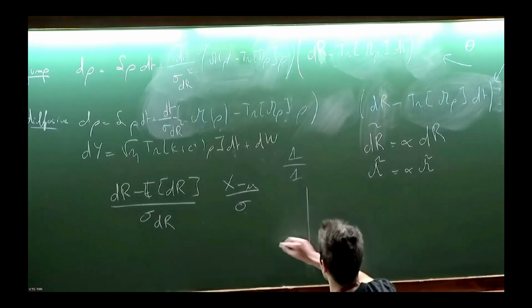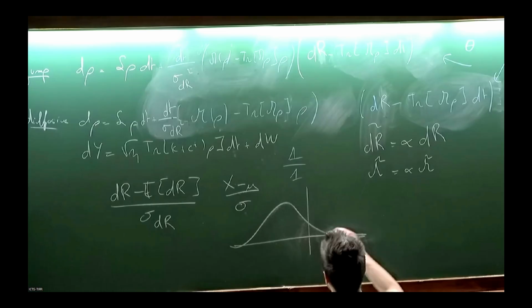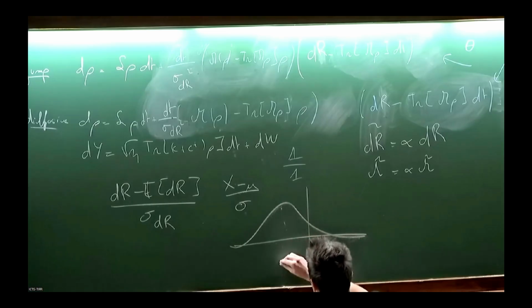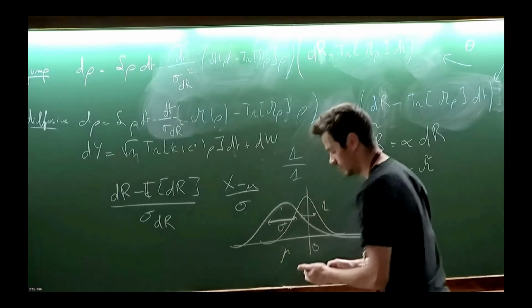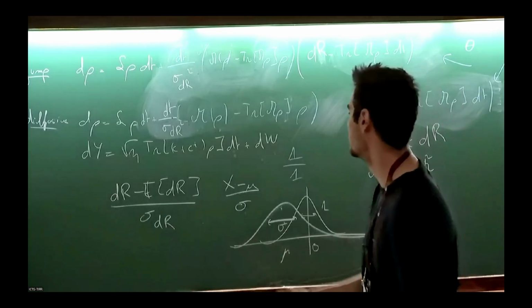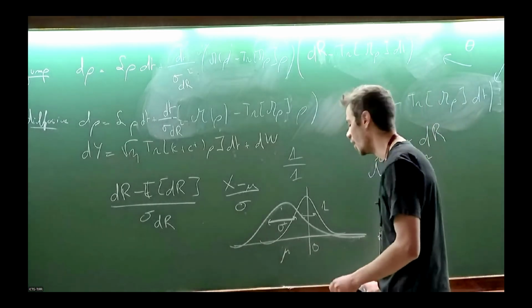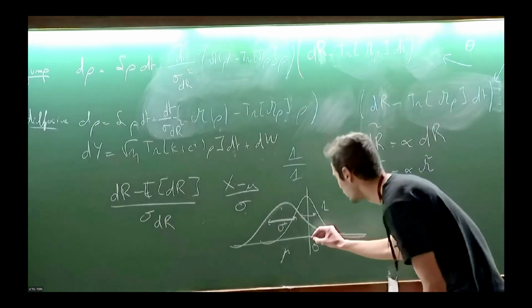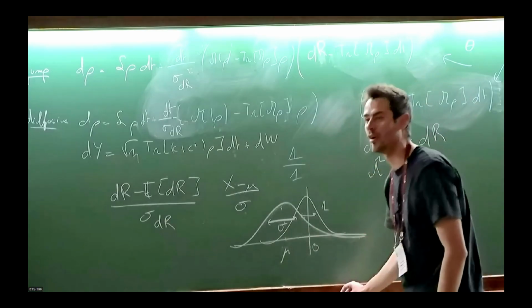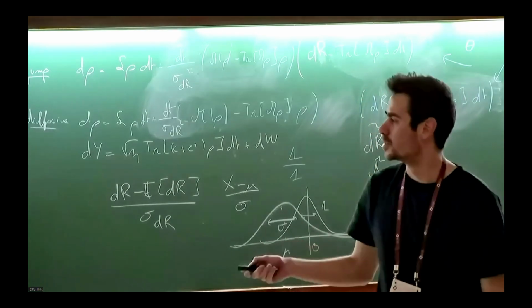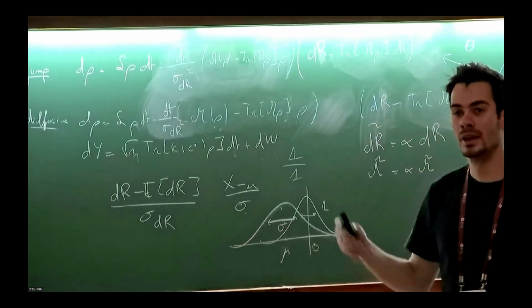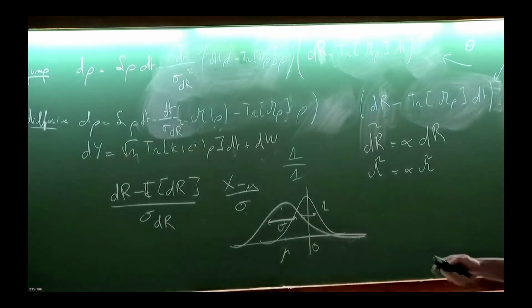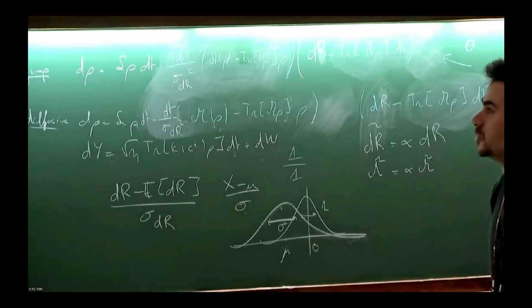If you had a wide Gaussian centered on mu with variance sigma, it's going to center it on 0 with variance 1. So this left part of the term is just saying, I don't care how spread my signal is. What I care about is whether I'm in the middle here or very far from what I was expecting. So the more you're surprised by your new measurement result, the stronger this measurement back action is going to be, both in the diffusive and in the jump case.